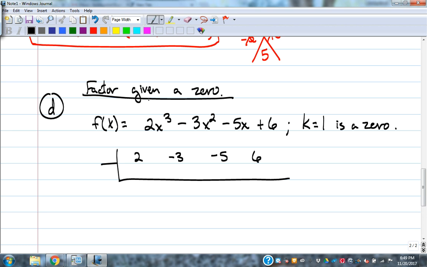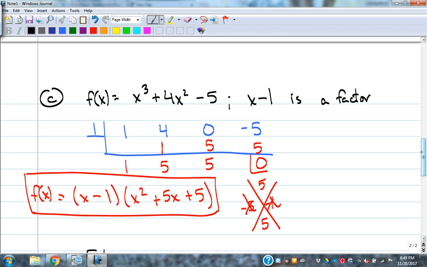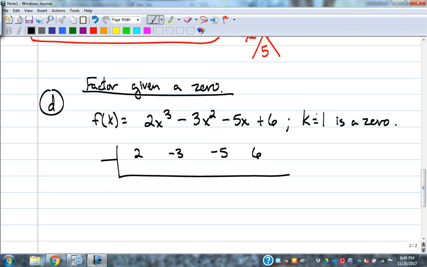The number on the shelf is the 0. We don't have to take the opposite. On the previous problem, they gave us that x minus 1 was a factor, and we used positive 1 on the shelf. Here, they give us that the 0 is positive 1, so we use positive 1 on the shelf. That's the only difference. The problem works exactly the same other than that.